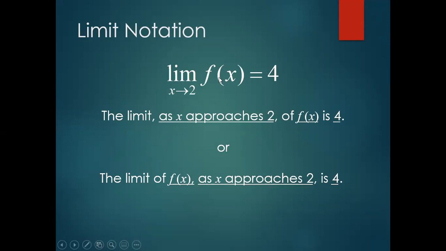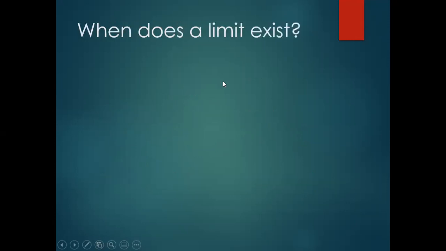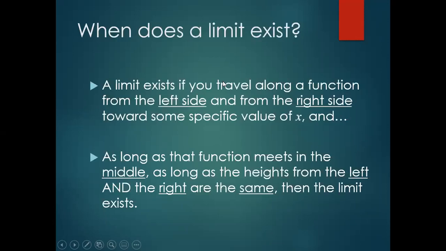So when does a limit exist? A limit exists if you travel along a function from the left side and from the right side towards some specific value of x. As long as the function meets in the middle, as long as the height from the left and the right are the same, then the limit exists.